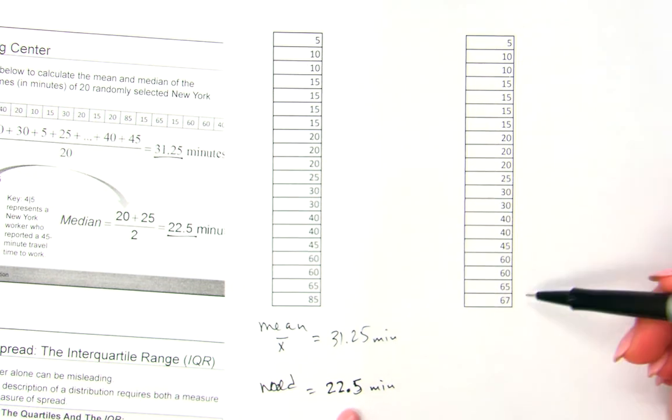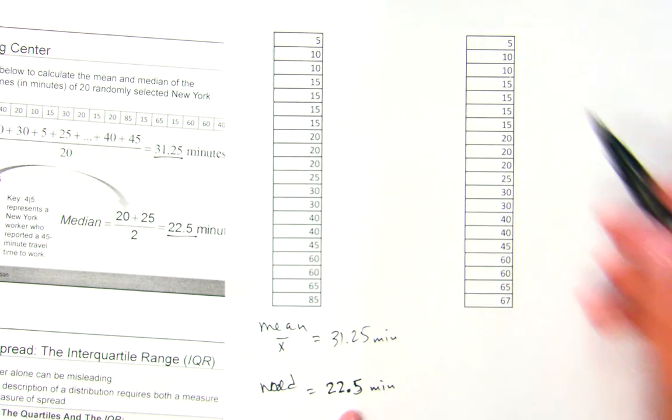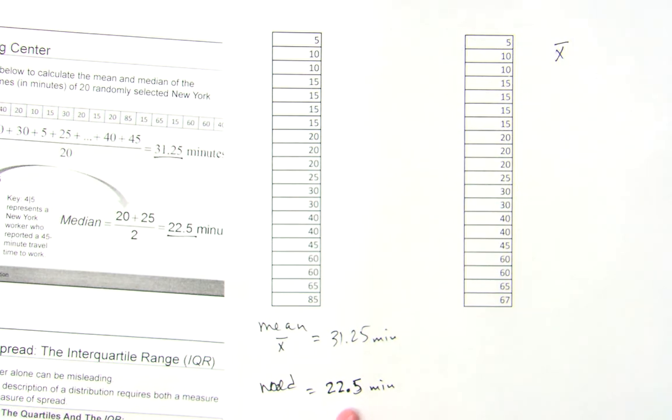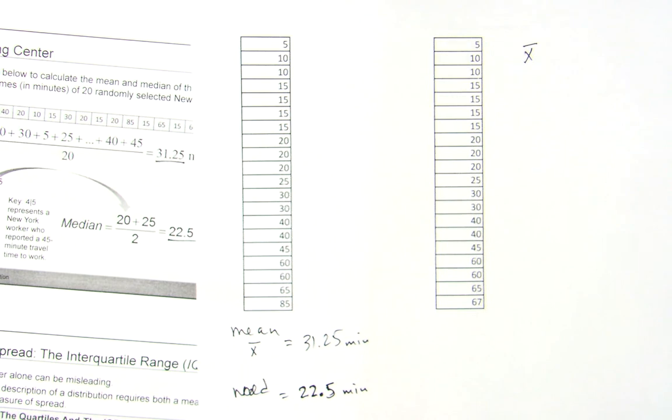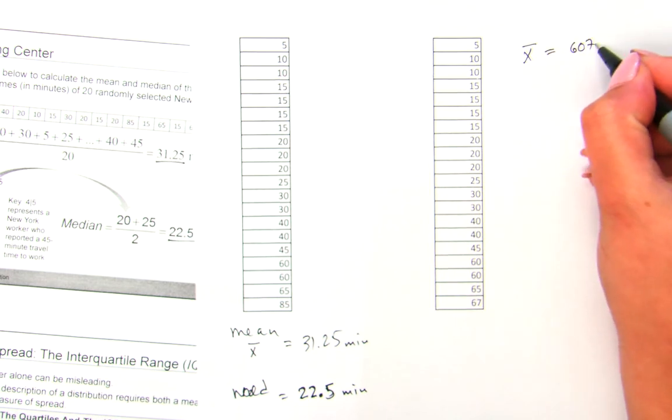Okay. I took all the data points and I summed them up. So your X bar is going to be 607 divided by 20.